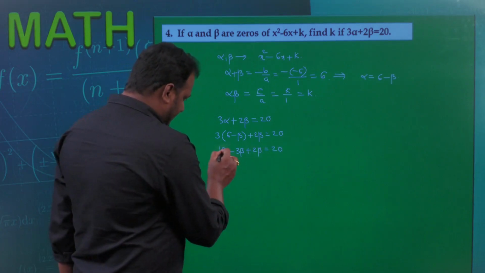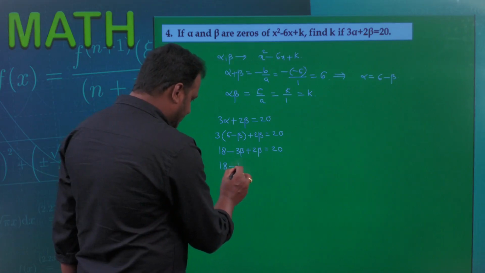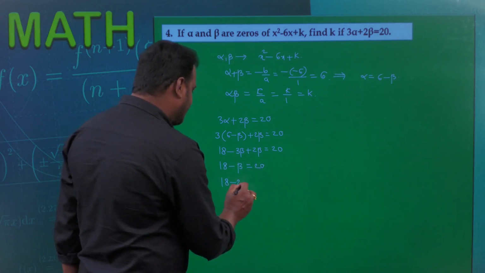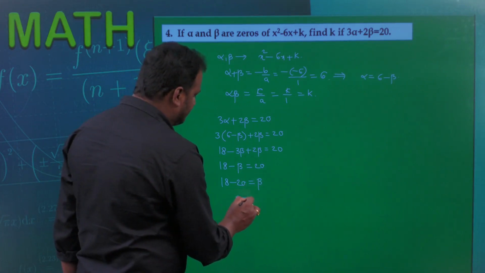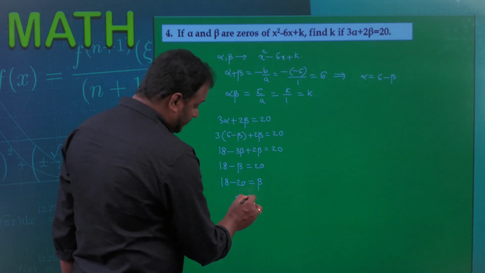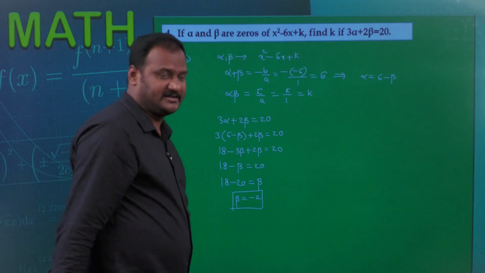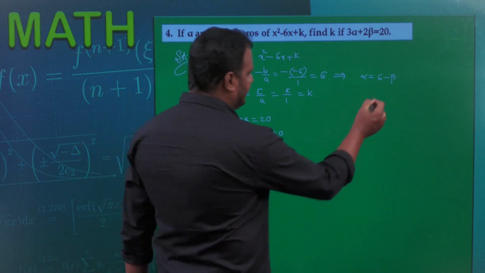Then minus 3 beta plus 2 beta is only minus 1 beta, so 18 minus 20 is equal to beta. So 18 minus 20 equal to beta means beta is equal to, how much is this? Beta is equal to minus 2. So I got the value of beta, right? After getting the value of beta, how do I get the value of alpha? It is already here.